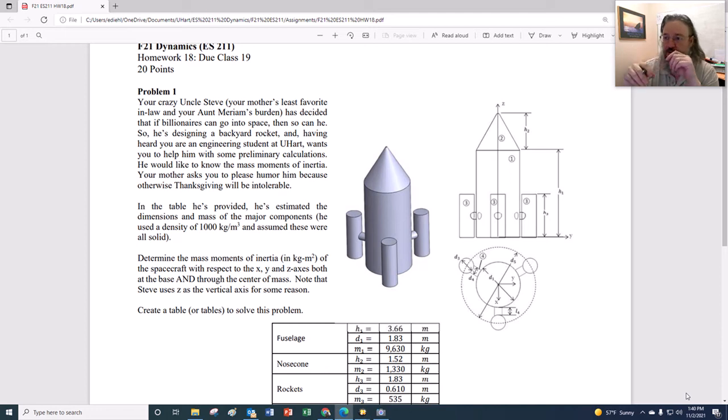Here we go. Here's the solution to the single problem in homework number 18. I decided to make my own problem, and this is a good engineering skill set to have.